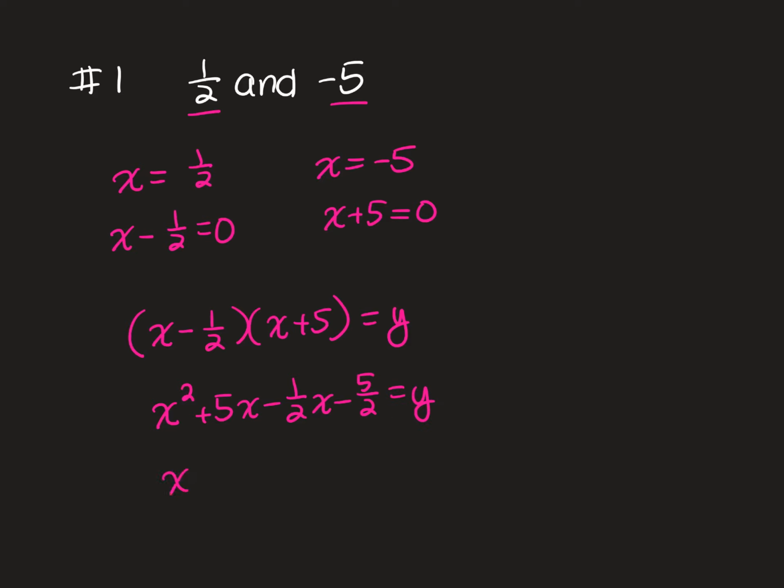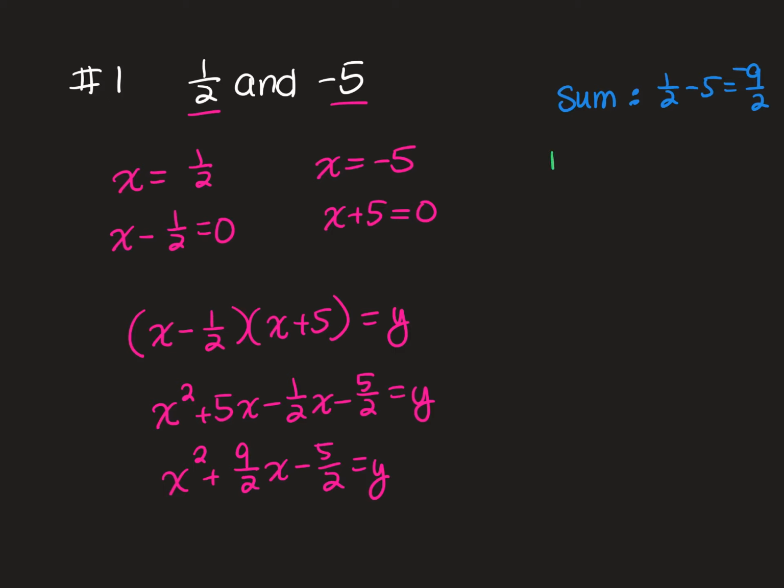So that's x squared plus 4.5, which is 9/2 x, and then minus 5/2 equals y. Now, the shortcut to this is remembering that if you find the sum of your roots, 1/2 minus 5, that's negative 9/2.